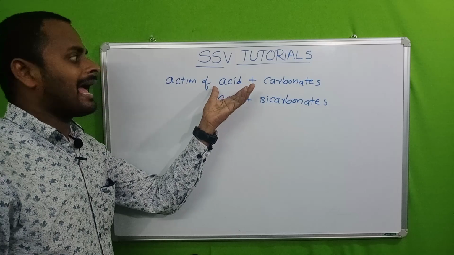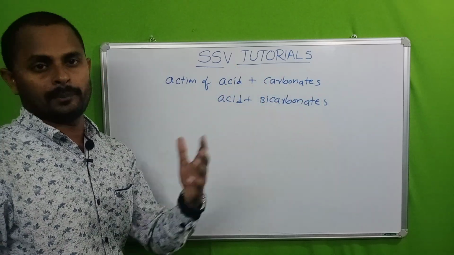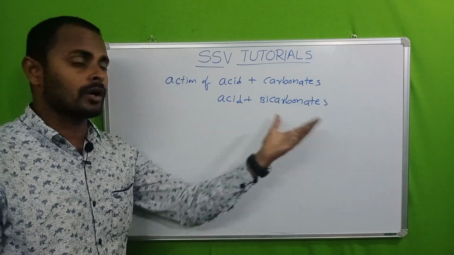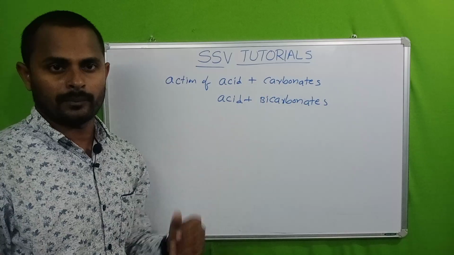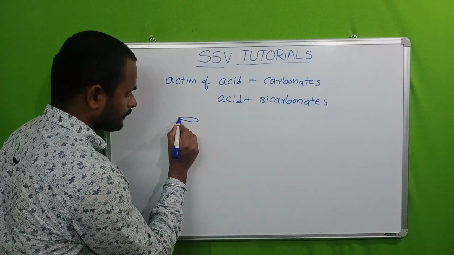So what is the action when an acid is added to a carbonate substance? What happens? What are the products formed? Or when an acid reacts with bicarbonates, what are the products formed? For this, take two test tubes.